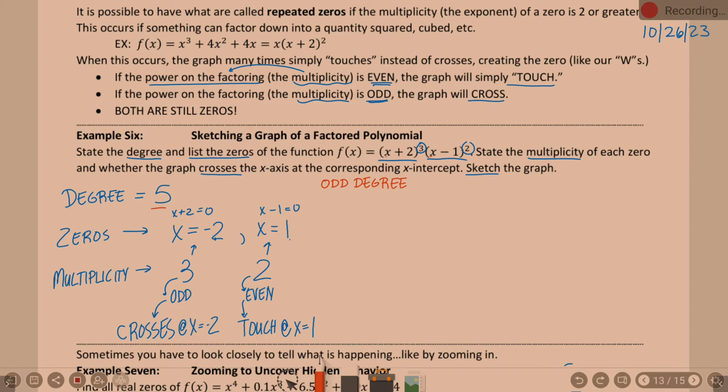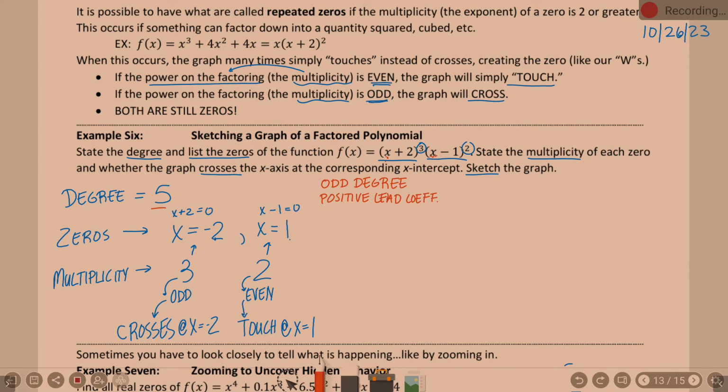To get my front, that's all I care about is the lead coefficient. So this is going to be a positive lead coefficient. Is that the same for all values? Or does it just matter what the x is? It's because we're multiplying these 5 x's together that are all positive.